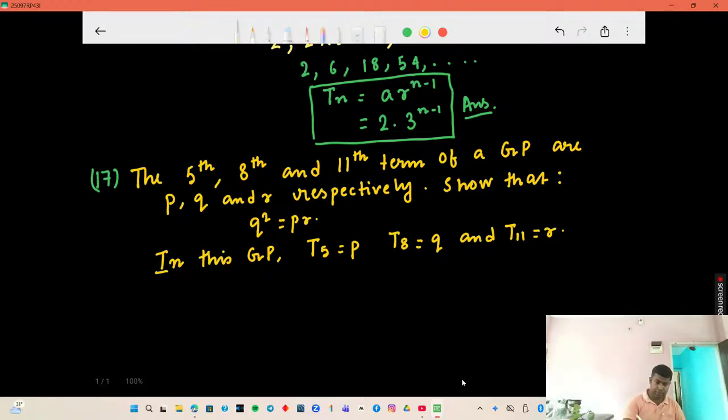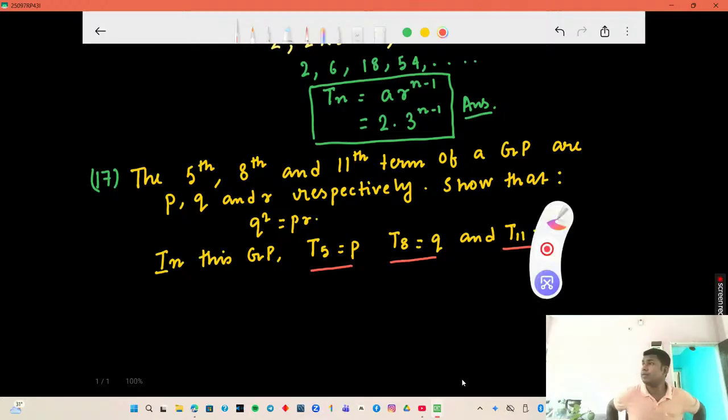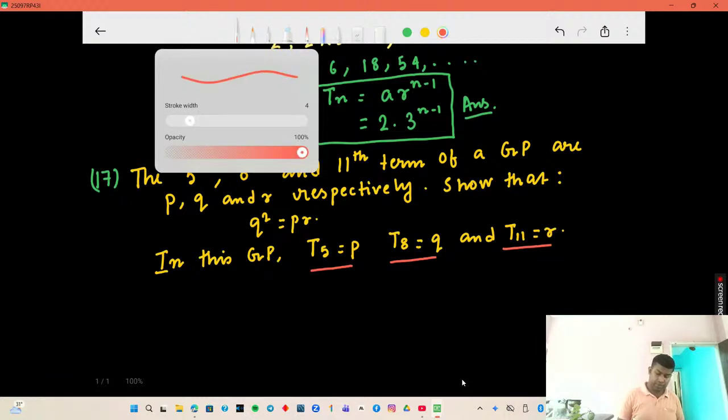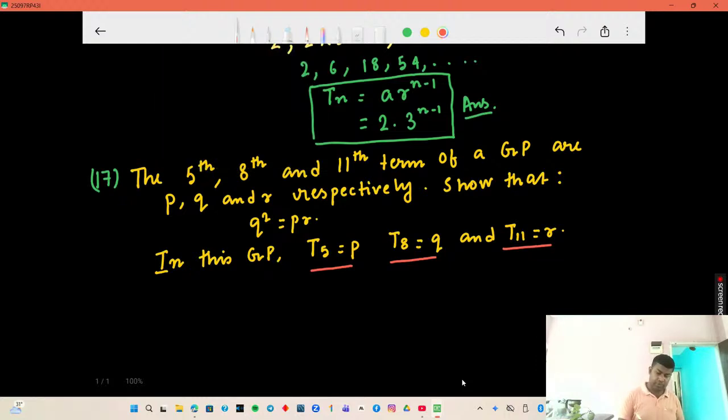So in this GP, T5 is P, T8 is Q, and T11 is R. So how to solve this problem now? Is there any way to solve this problem? Yes, if there is a problem, there is a way to solve it. So now I will start to solve this problem for you.